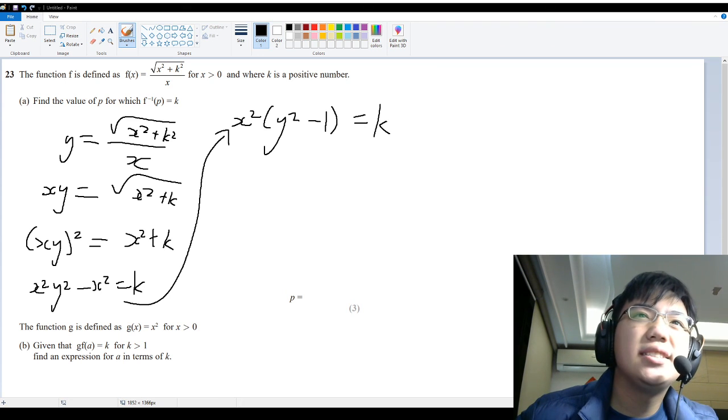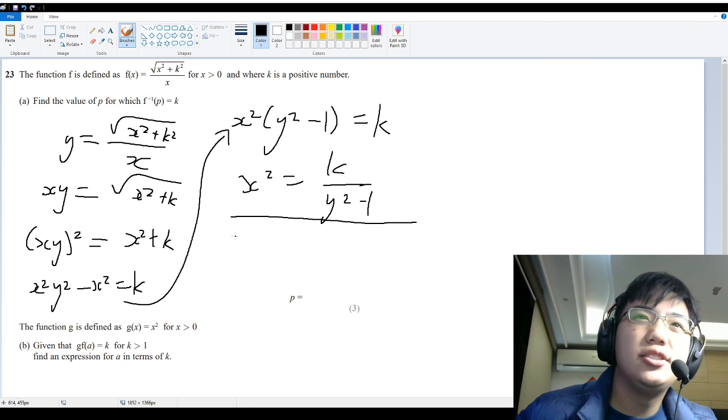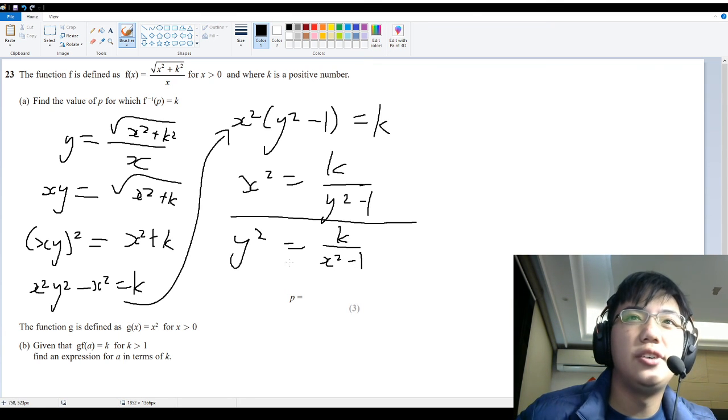What we do next is divide the right hand side by y squared minus 1. This makes it easier for us to flip the x and y variables to solve for the inverse of this function.